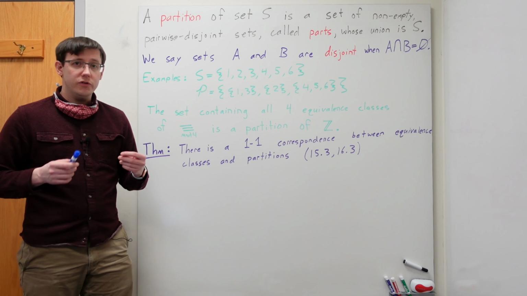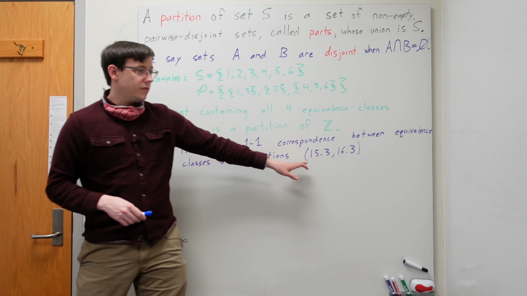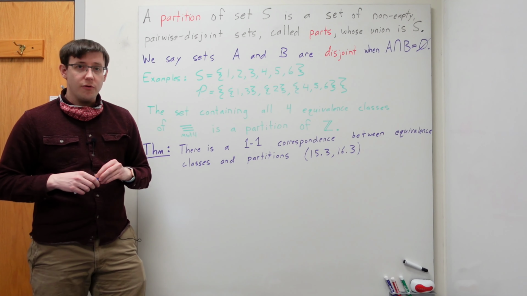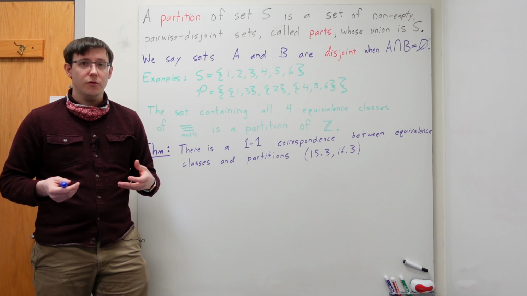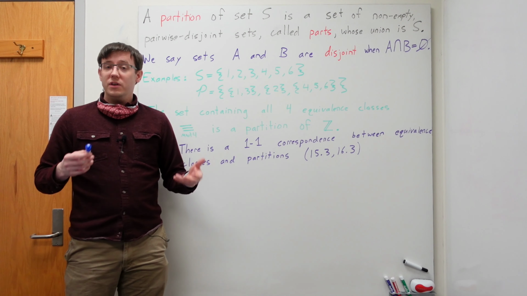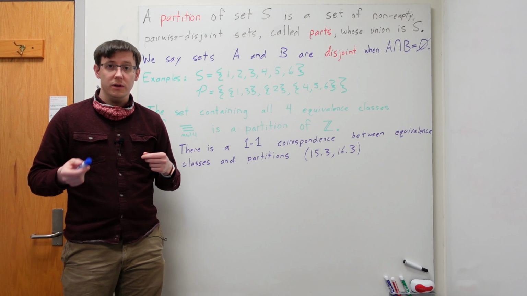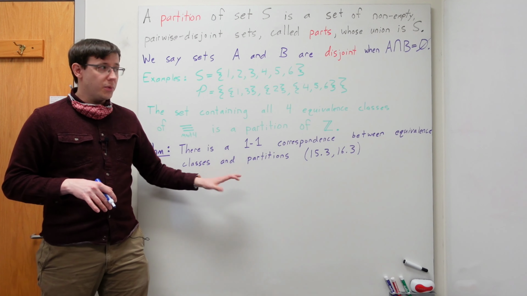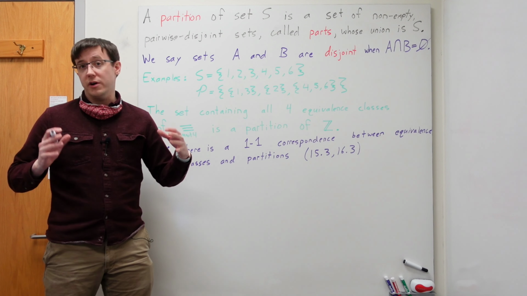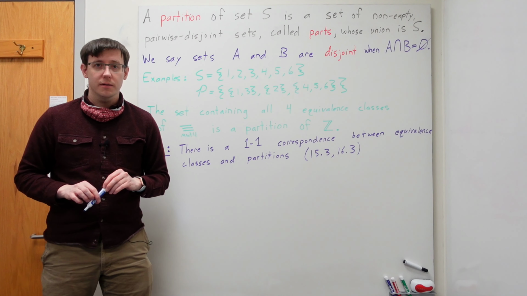The book proves 2 separate propositions in different sections, but 15.3 says that for every equivalence relation, the equivalence classes form a partition, whereas 16.3 shows how we can construct an equivalence relation from any partition. I'm not going to prove this theorem, but I'll give you a sketch of the components that would be needed, and you can read the details in the textbook.